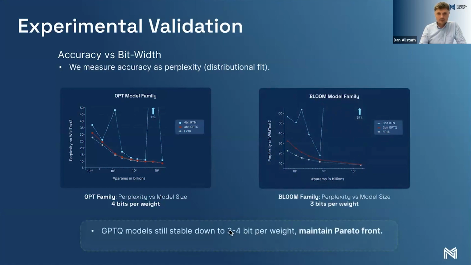So this is good news, because we can compress models by pretty much what I promised initially, 3 to 4 bits per weight, and still maintain the Pareto front, by which I mean the compressed larger model is still much better than the smallest model to its left, okay?